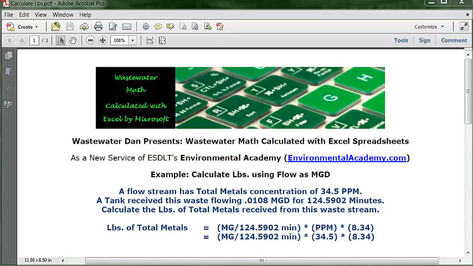of water. So in this case, where the concentration is in increments of millions, the gallons of water must too be expressed and inserted into the formula as increments of millions.